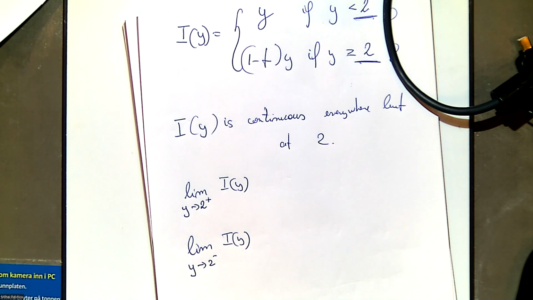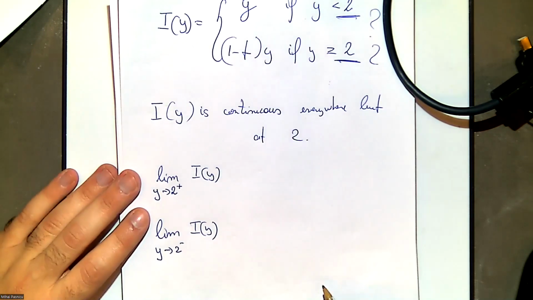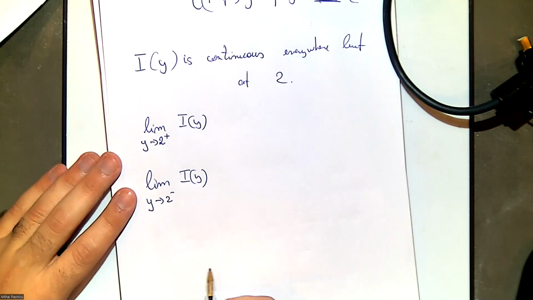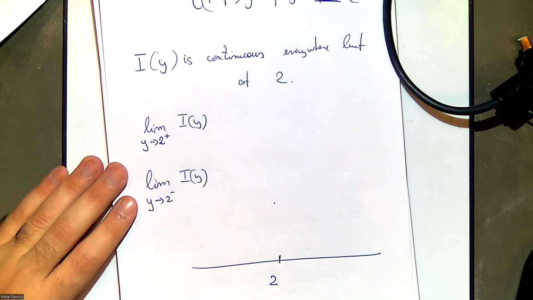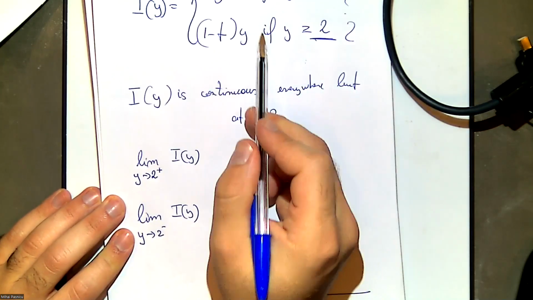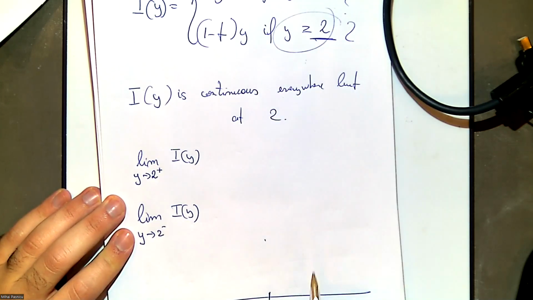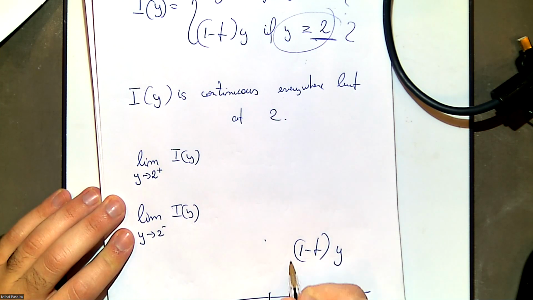Now, if it goes to 2 with a plus, just so we have a graph and you guys can follow me, if this is 2, everything for y greater than 2 is going to be 1 minus t times y.